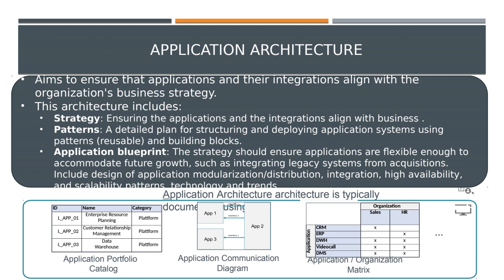You should make sure that the applications are flexible enough to accommodate future growth. This is for example. Also, if you have any legacy application, you should be able to integrate it into your new application. All right.